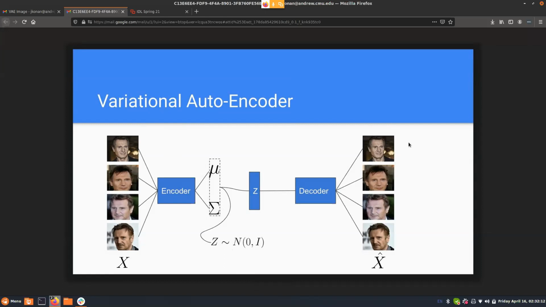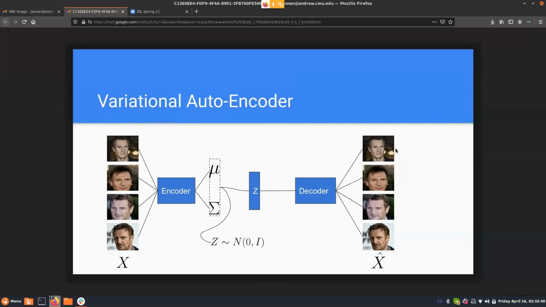The error between the two images, or we can use binary cross entropy loss. So if you look at each pixel with respect to each other, that's how we might want to use the loss of the image. And then the sum of the loss between the pixels is our reconstruction loss.